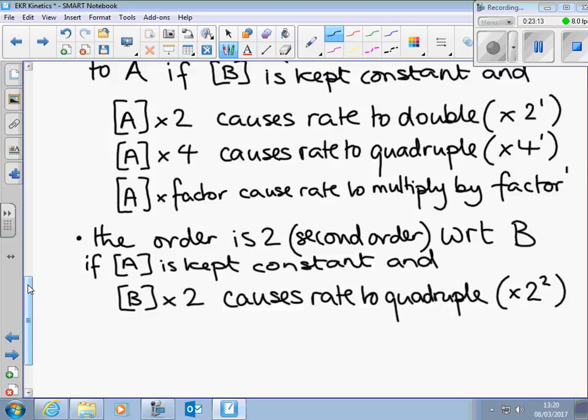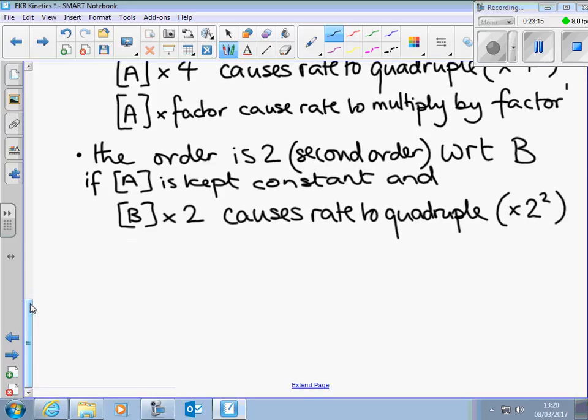So you could actually probably fill in the next line. So if you took B and, yeah, there isn't a word for it, but times 4 to the power 2, so yes, the rate is going to go up by 16.